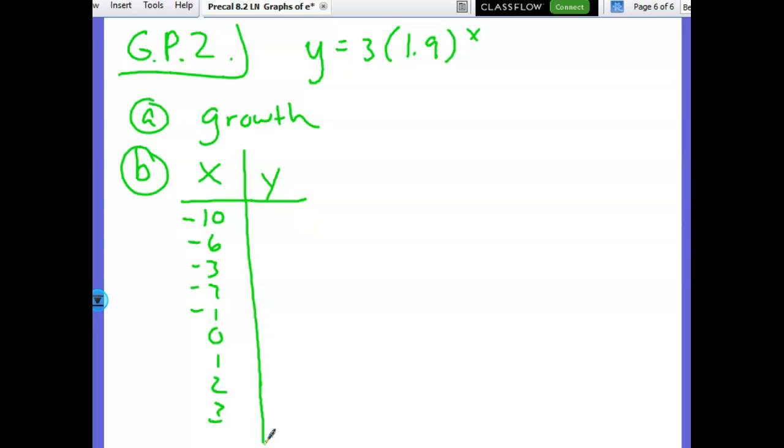Okay, can you guys do negative 10 for me? And then you guys do negative 6. You guys do negative 3, negative 2, negative 1, 0.